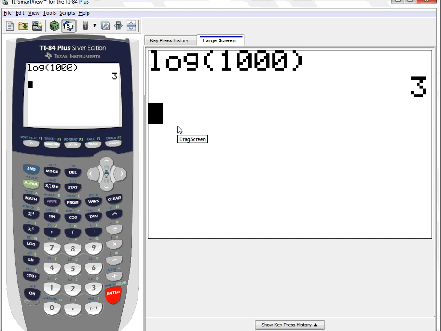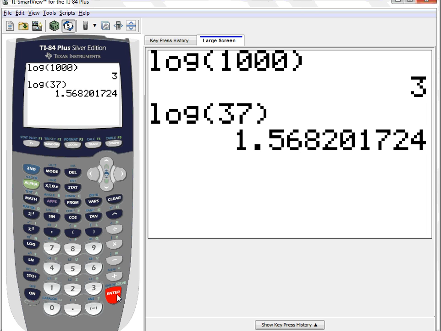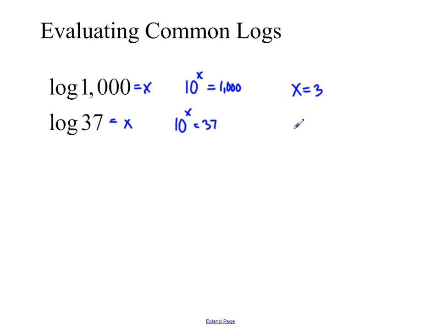So we type log, button on its own, over on the left side, and do log of 37. And we said it was going to be between 1 and 2. And just to show you this would also work, an equivalent statement would be to go to your log base 10 of 37. It's going to be the exact same thing. So about 1.57. Okay. You can write the 10 or not.